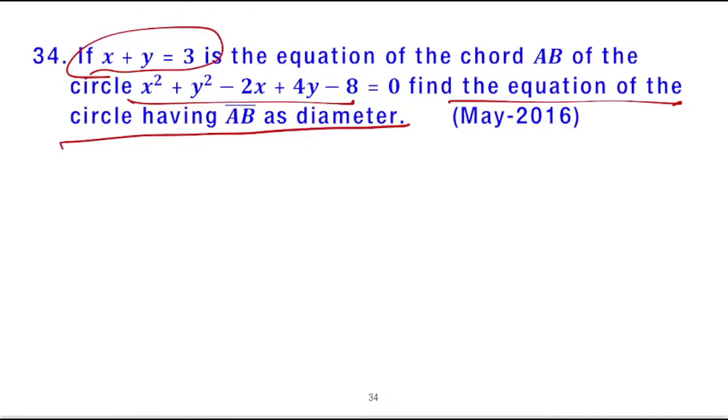Can you try or shall I explain? So this is the diameter.